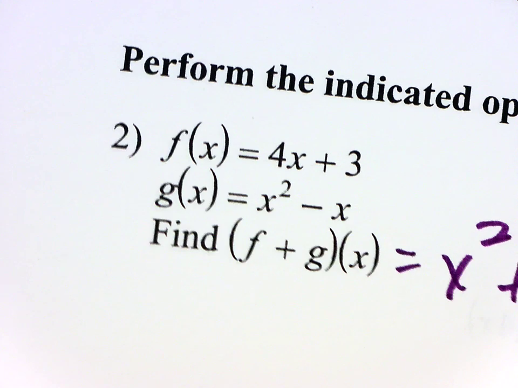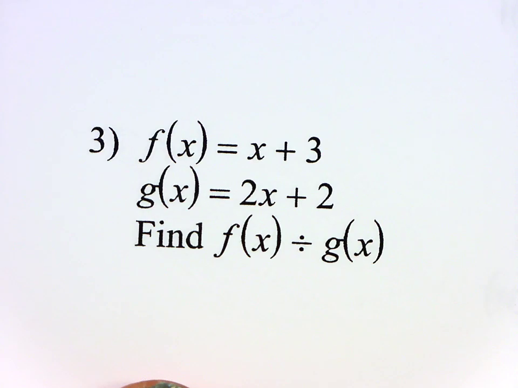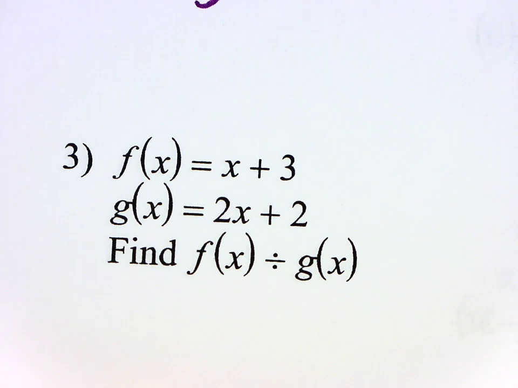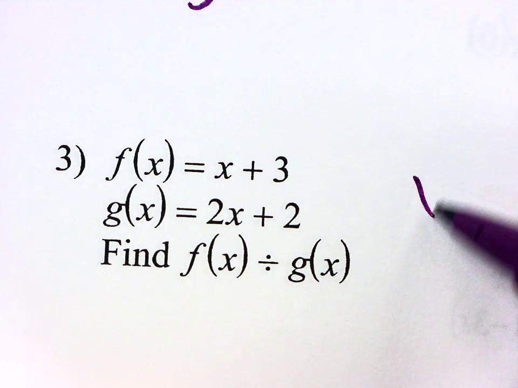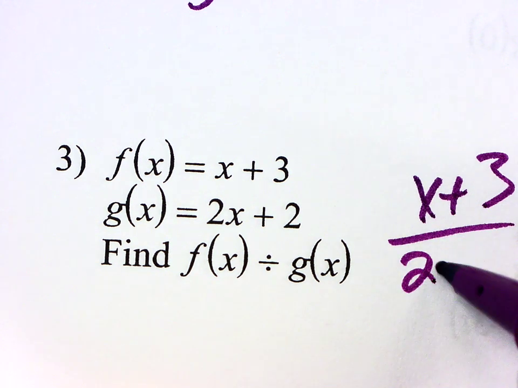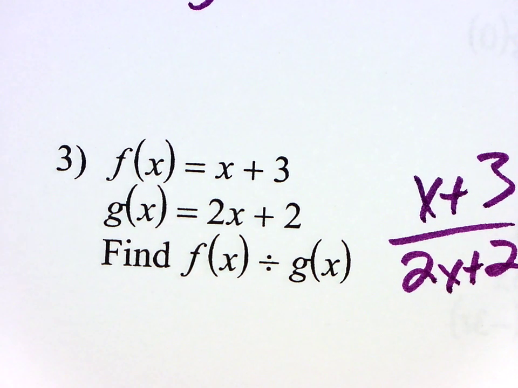If I wanted to do number 3, I just want to divide these two. So I literally just write x plus 3 divided by 2x plus 2. You don't have to simplify it. That's it. Try 5.